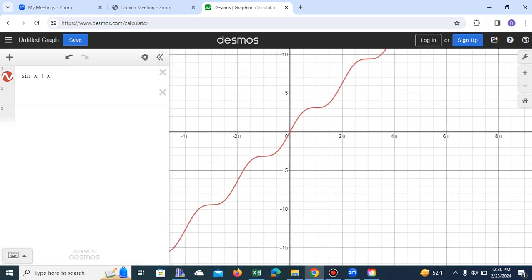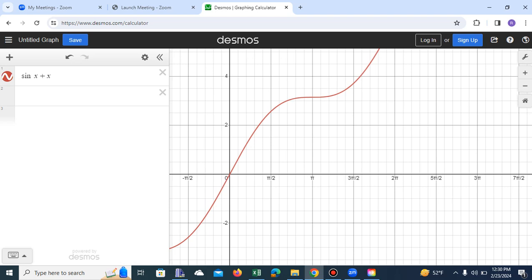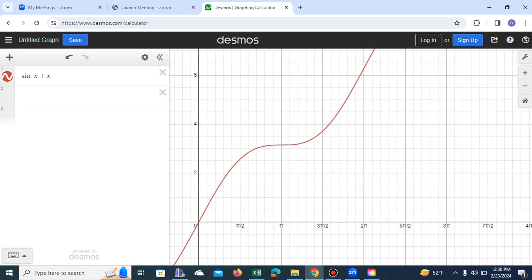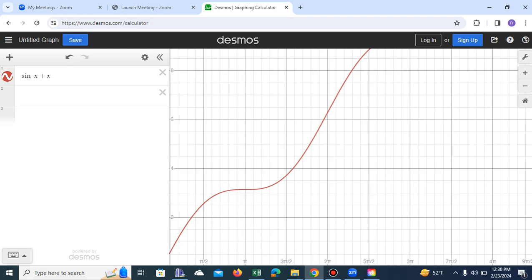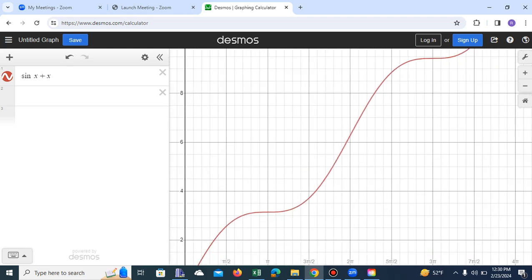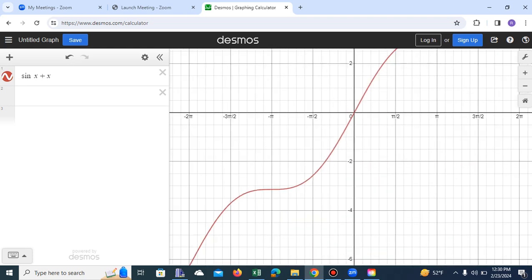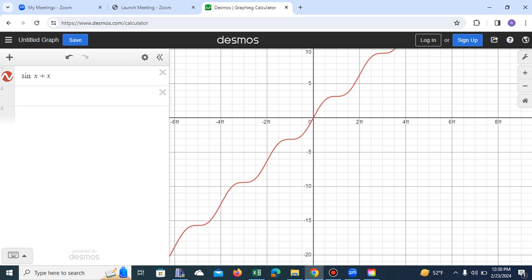So we can see everywhere there's an odd pi, this graph goes horizontal. It even goes negative. It could be negative pi, it's fine, on the line. It's an interesting kind of graph too. But it happens to have a horizontal tangent line at every odd multiple of pi.